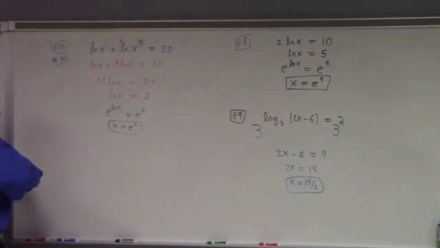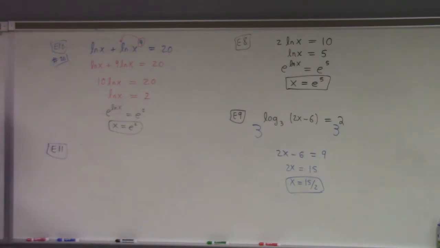So let's see here. Example 11. Unless there's a question, you guys can jump in if you have a question. Just kind of picking my way at some of these problems, seeing how we solve them. Here, this one looks harder. Let's try this one out.